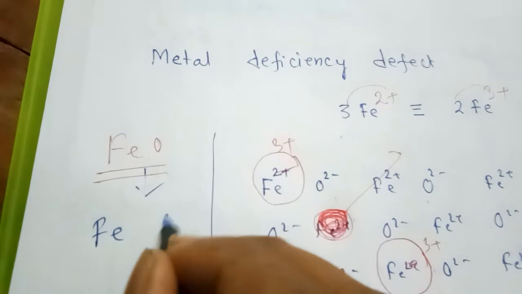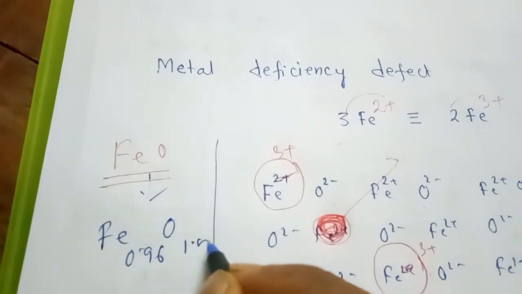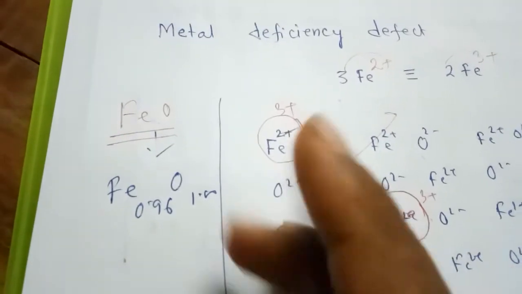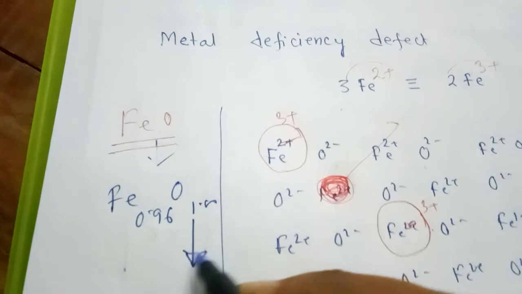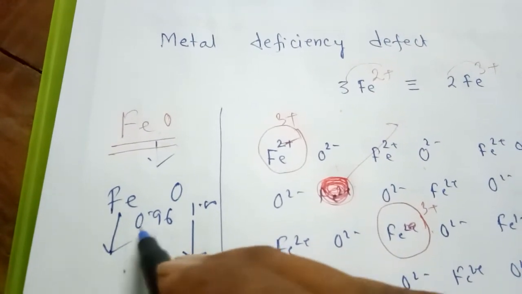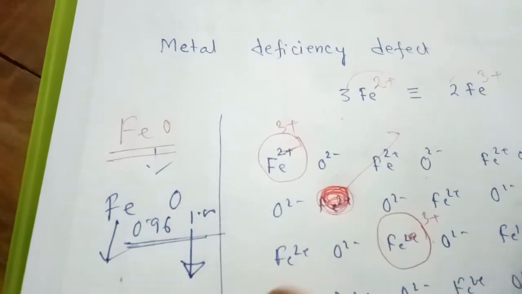For example, it may form like Fe0.96O1.00, which means that if there are 100 oxygen atoms, there will be 96 iron atoms. This is what is called the metal deficiency defect.